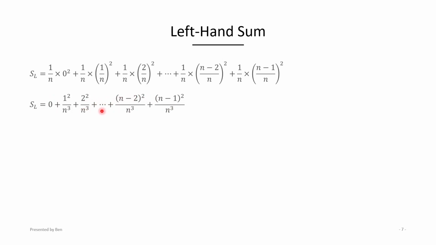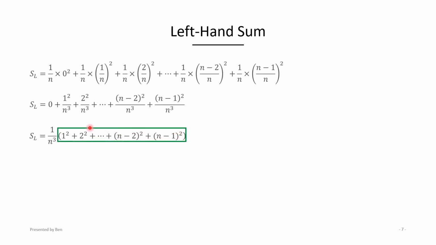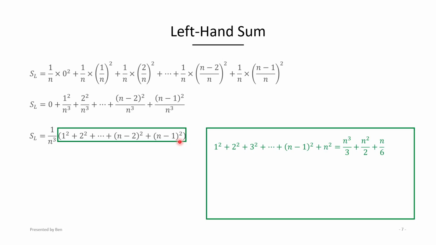And for this sum, we just take the denominator out, take the cubic out. We will get a sum of squares of numbers, 1 squared plus 2 squared plus until the square of n minus 1. It might be a bit difficult for many of us to do a sum like this, so I put a green formula here for your reference.